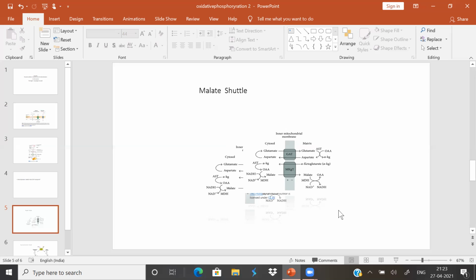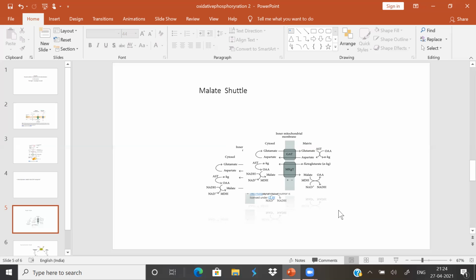Suppose glycolysis occurs in the cytosol. Here NADH is produced. So how will this NADH enter into the mitochondrial matrix or into the respiratory chain for oxidation? In this case, the shuttle mechanism will help.